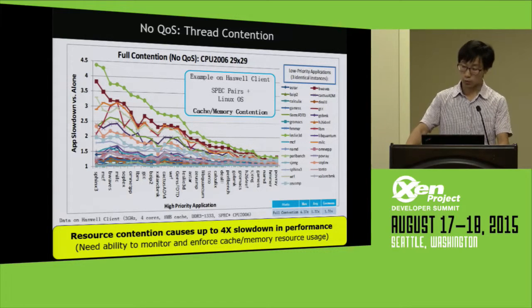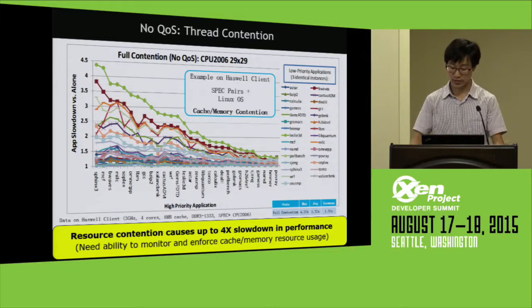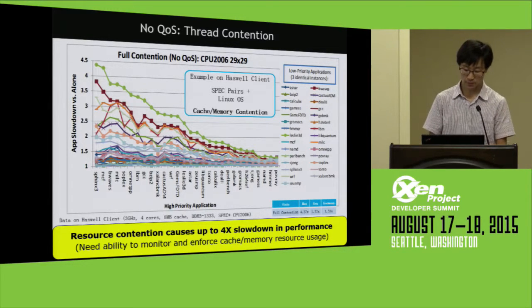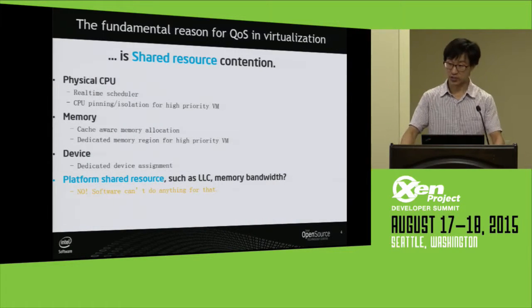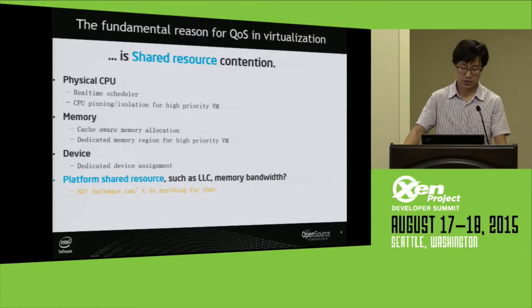So, do we already have some technologies or methods to improve this situation? For example, to guarantee that the execution time of the high priority benchmark is not easily impacted by the low priority benchmark? The answer is yes. The key point here is that all the impacts of resource contention originally come from some kind of resource sharing.